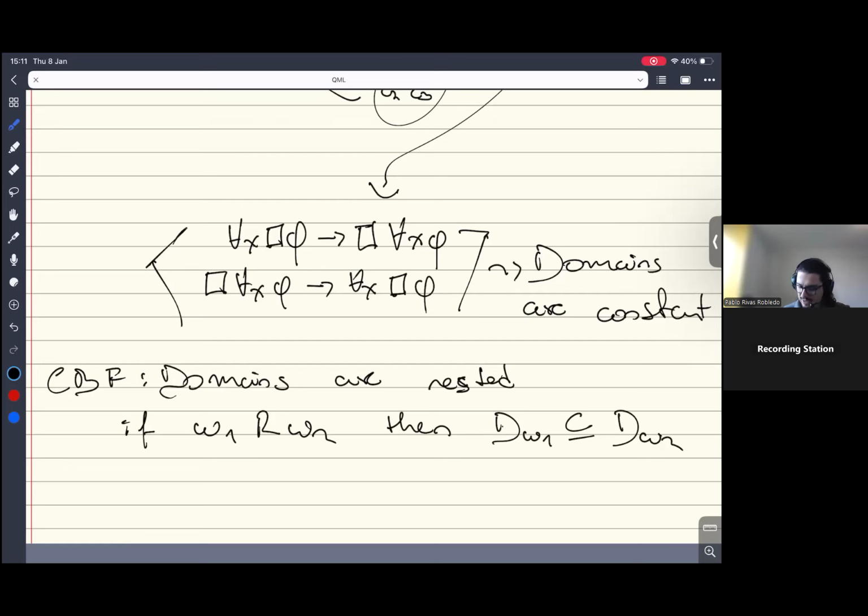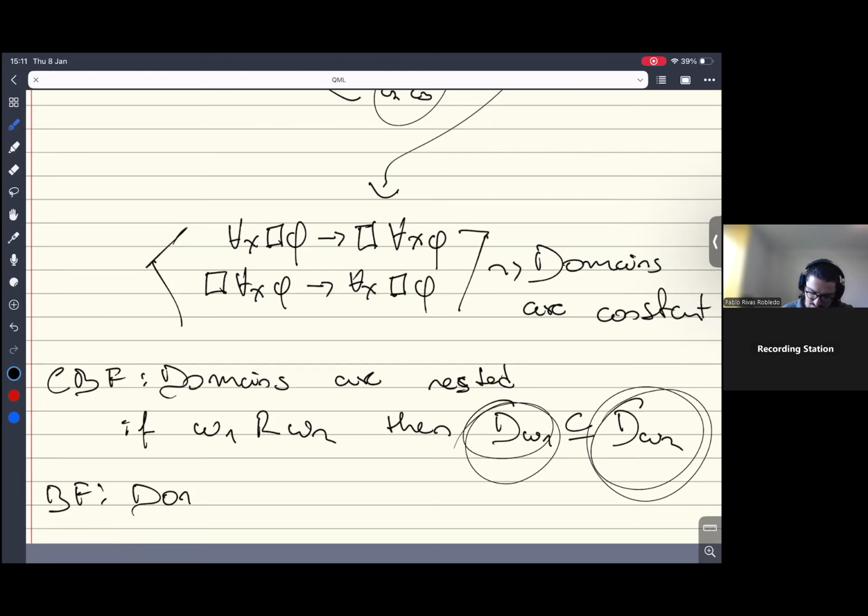Of course, we have not defined this in any sort of way for this system, but think about it in the sense that if there was a domain for world one, it would have to be included here. And the Barkan formula is going to tell us that domains don't shrink.